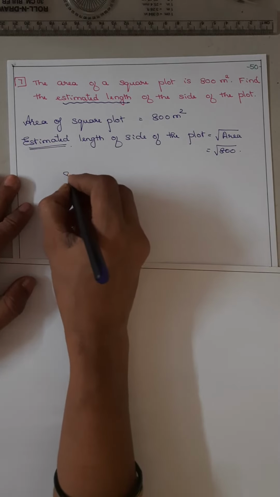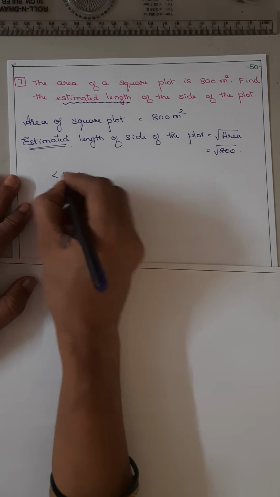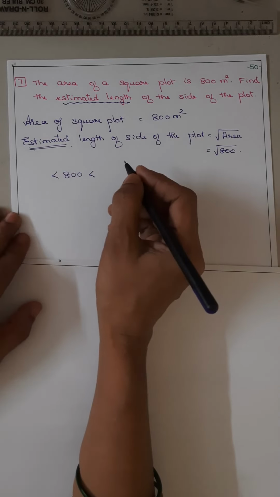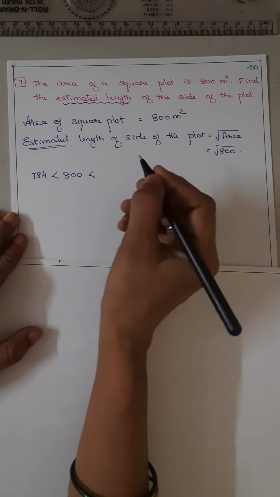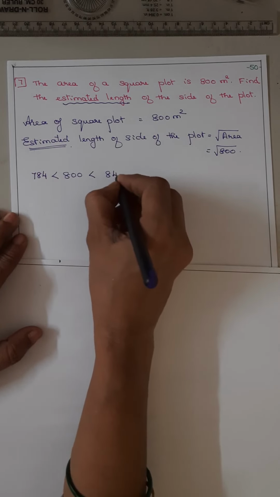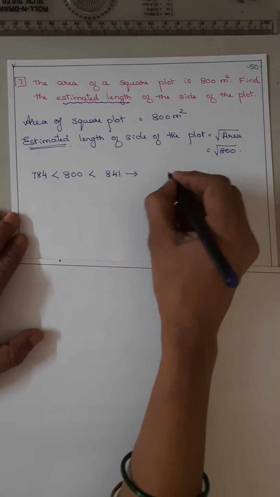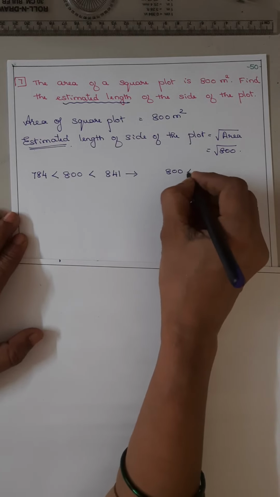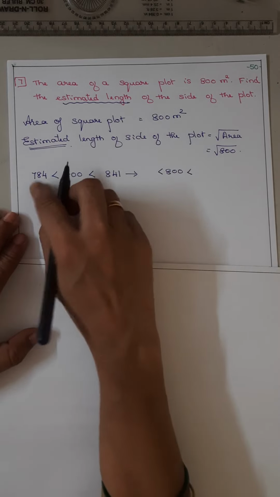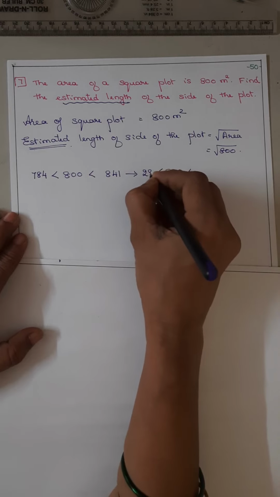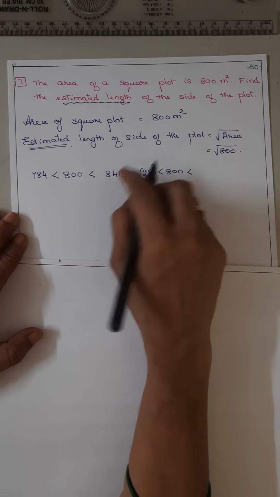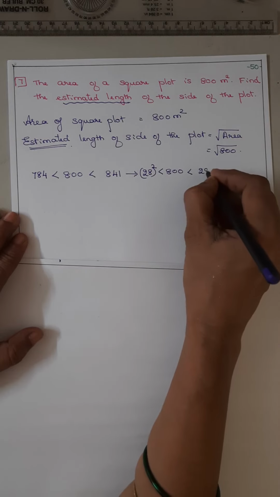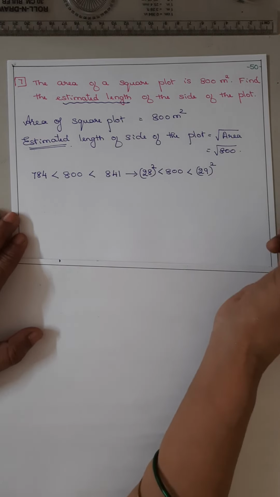So 800 comes between which two square numbers? It is 784 and 841. Means 800 comes between 784, which is 28 square, and 841, which is 29 square.